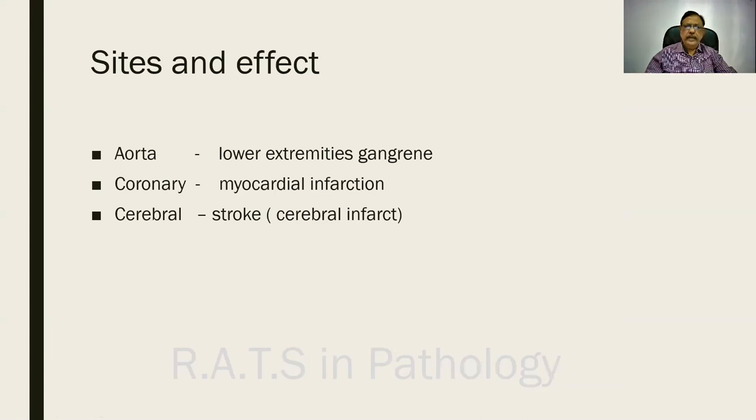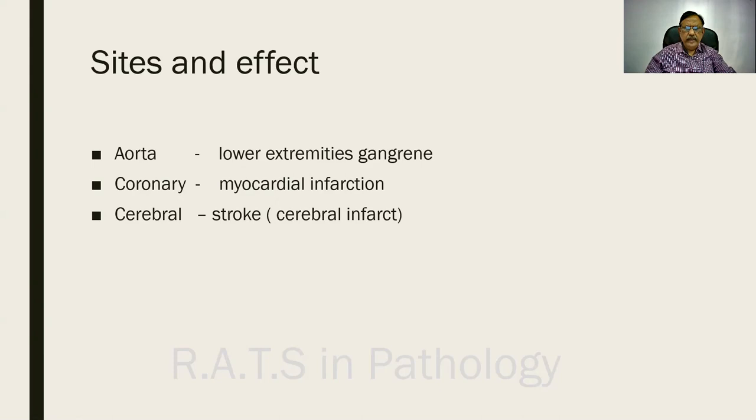The sites where you can get atherosclerosis include the aorta. In the aorta, there can be obstruction to the lower extremities, and therefore you get gangrene of the lower extremity, gangrene of the foot, etc. Coronary artery, the obstruction of which can lead to a myocardial infarction.